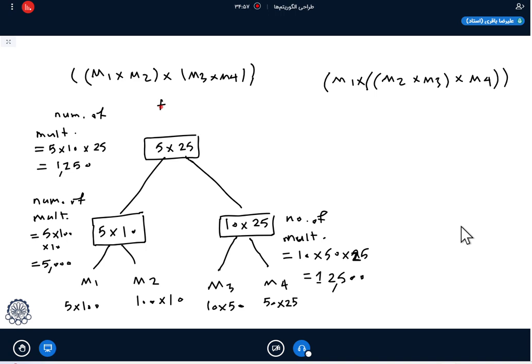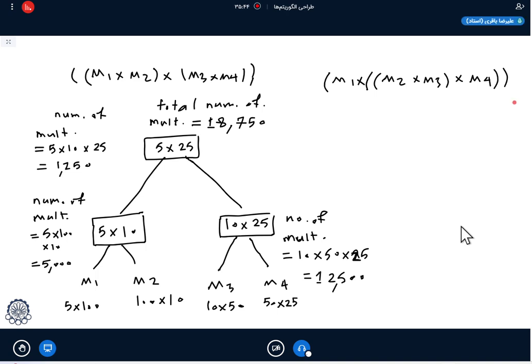Okay, the total number of multiplications will be, we have 5,000 here, 12,500 here, 1,250 here. The total will be 18,750. Okay.